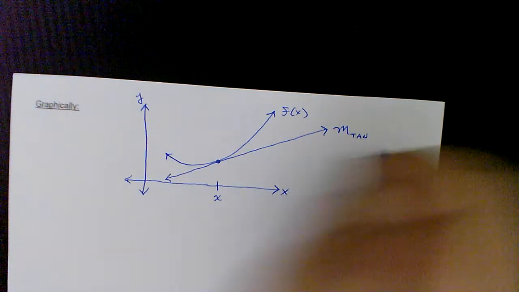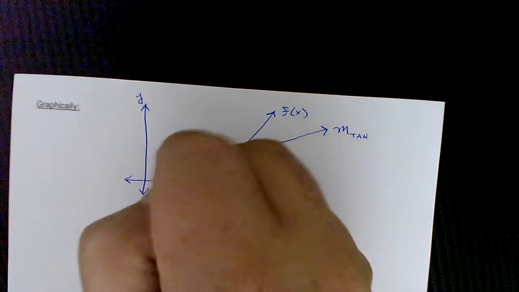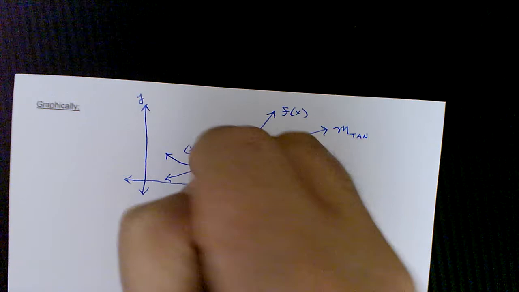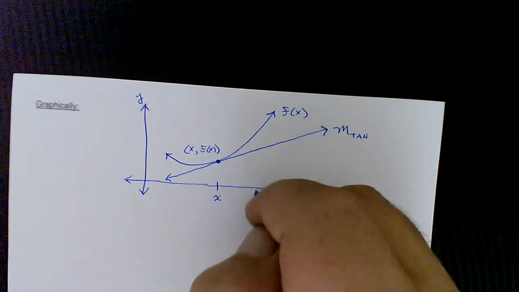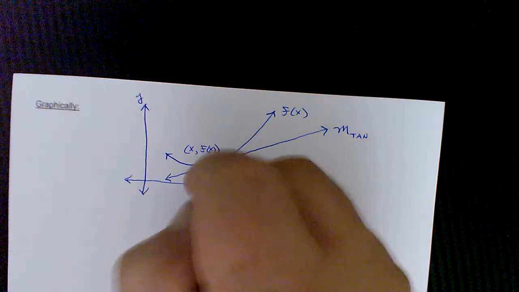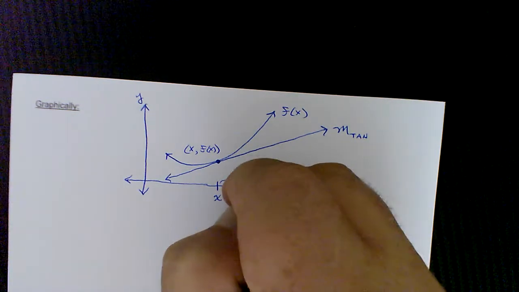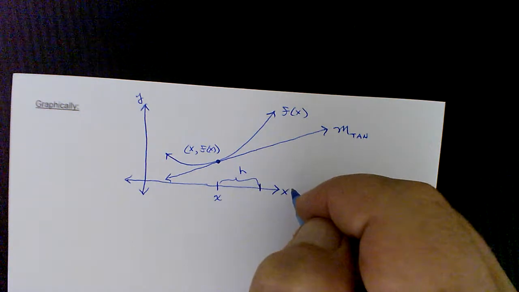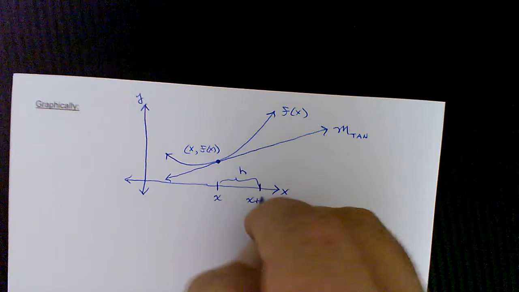Okay, so if we label the coordinates of this point using functional notation, this would be x and f of x. So x and y, but of course y is f of x. And then if we pick a point that's arbitrarily close to this point, we're going to leave this point fixed, and we're going to pick a point that is h units away from that x value. And so therefore the abscissa is going to be x plus h.